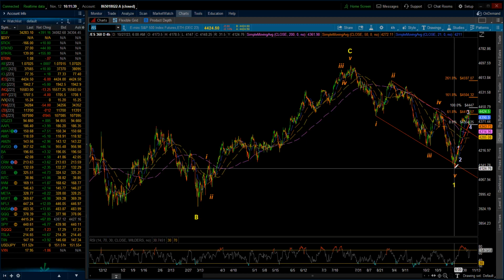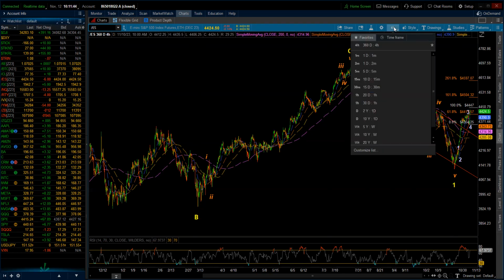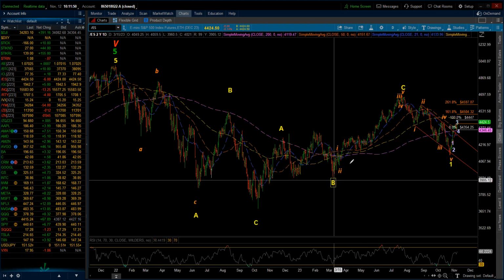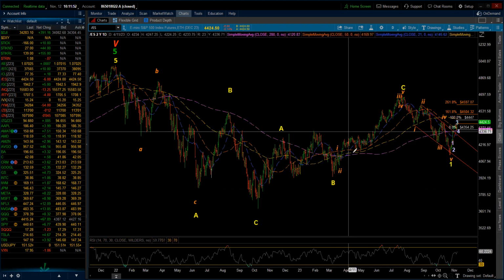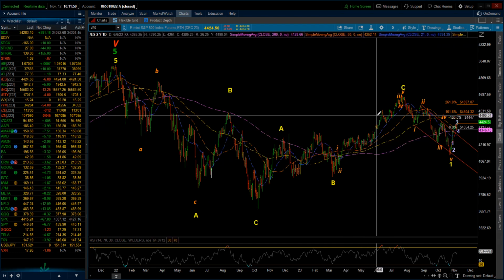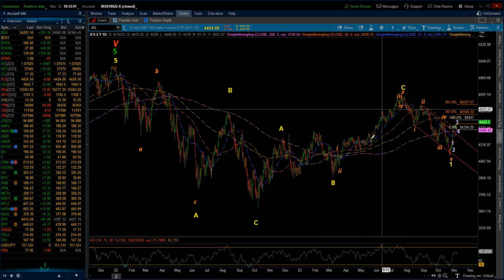We saw a similar type of move back in May, and I want to go back over to it, where we were looking for a C wave, and the market just continued to get very kind of cagey, but subdivided all the way.